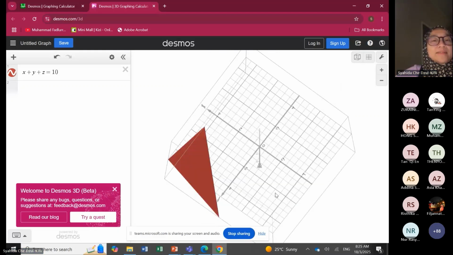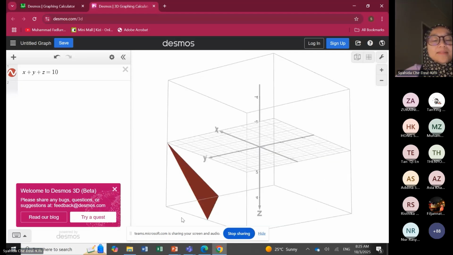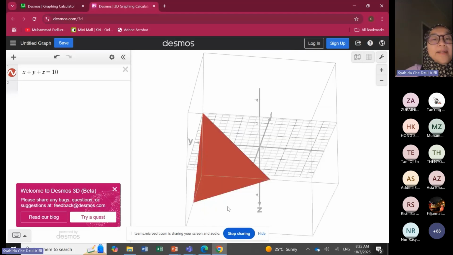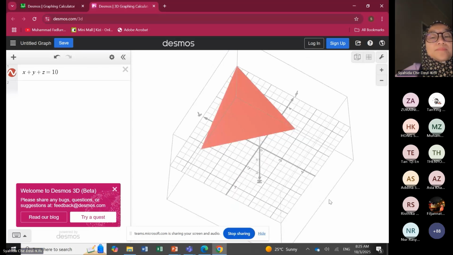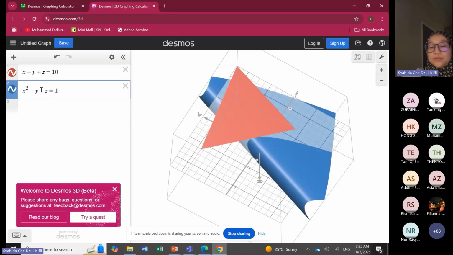Can't you see it? That it is a linear space. Sorry, a linear plane in space. You can see it, right? When we move around. So the first example is linear. Let us compare to the third equation, x squared plus y plus z equal to 10.